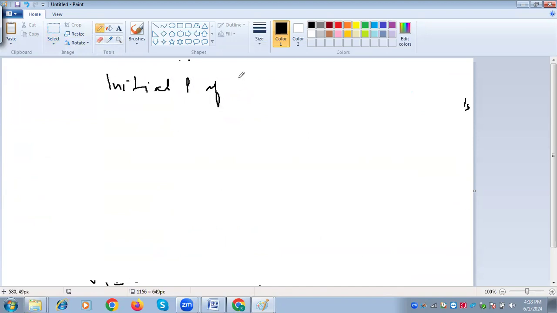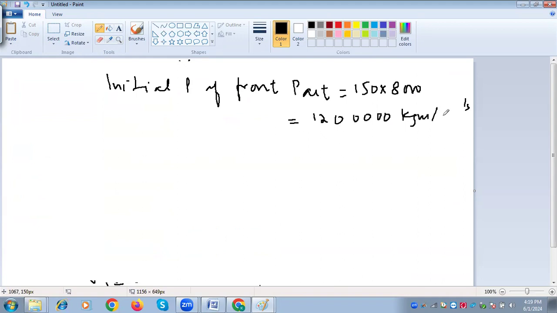P of front part is equal to 150 multiplied by 8,000 kg meter per second.